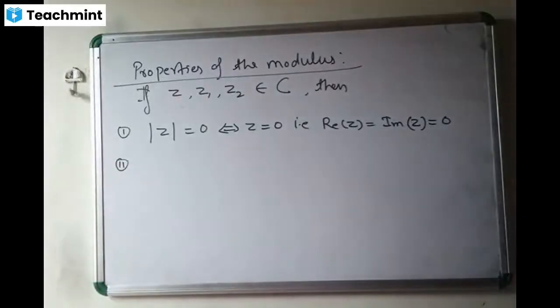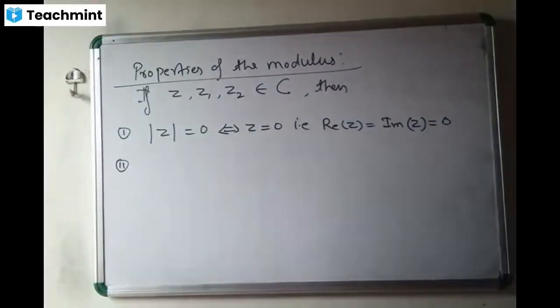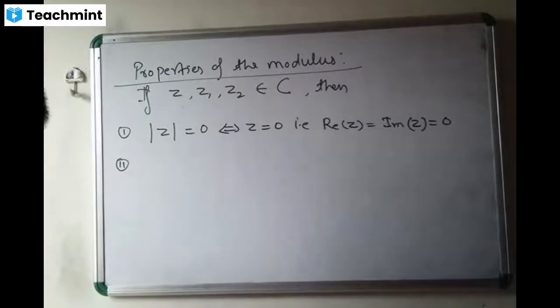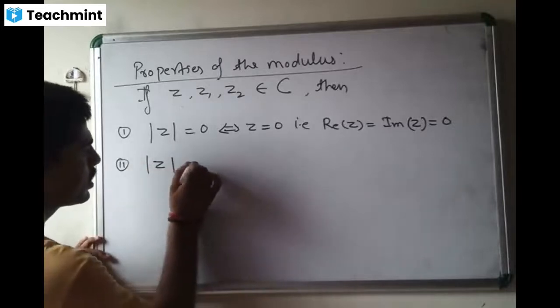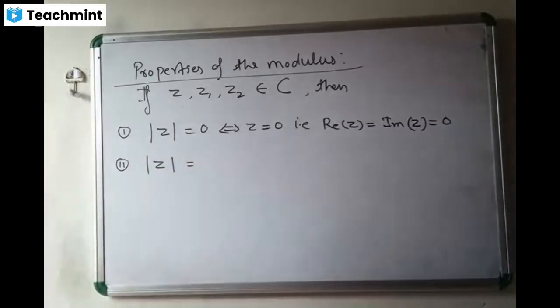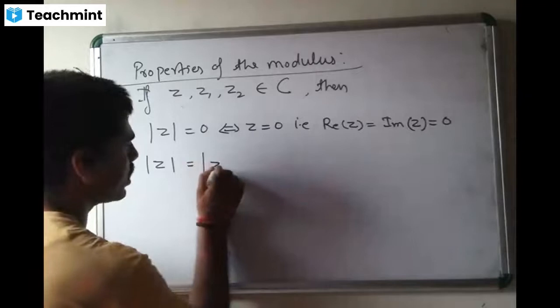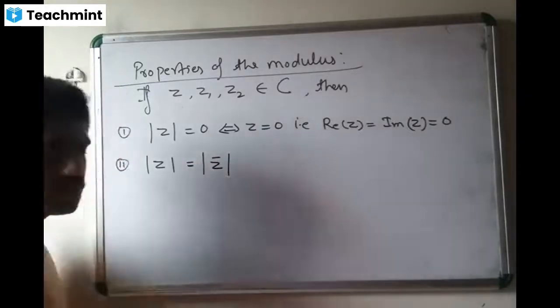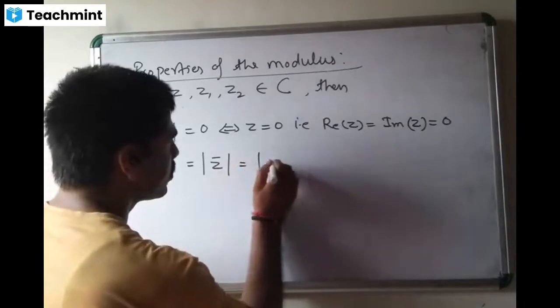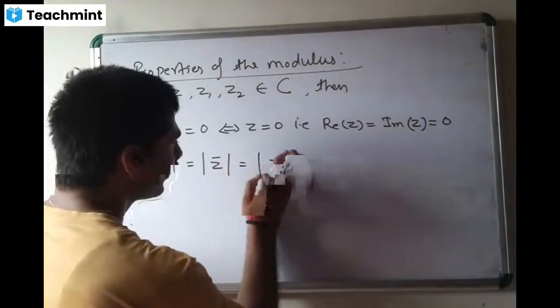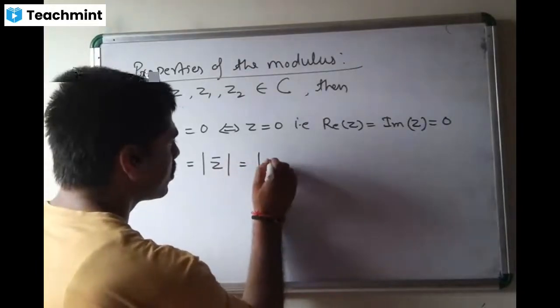Now the second one: mod z, the modulus of z, is equal to the modulus of the conjugate of the complex number, is equal to the modulus of minus z.